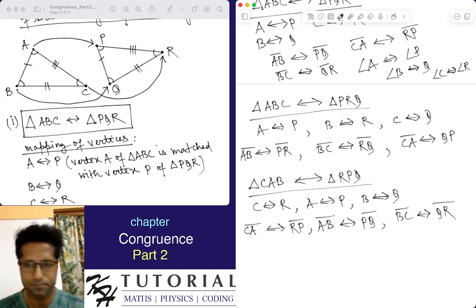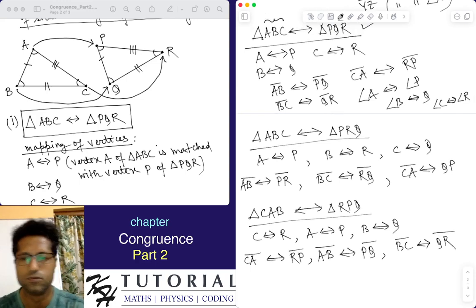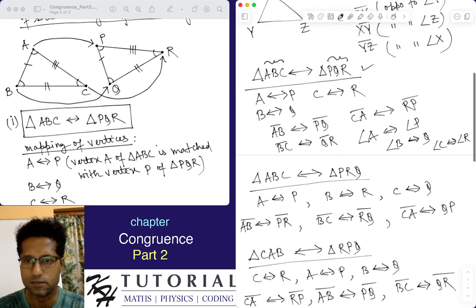I hope you understood that the ordering of the letters in the two triangles is very important when you express a mapping between the two triangles.